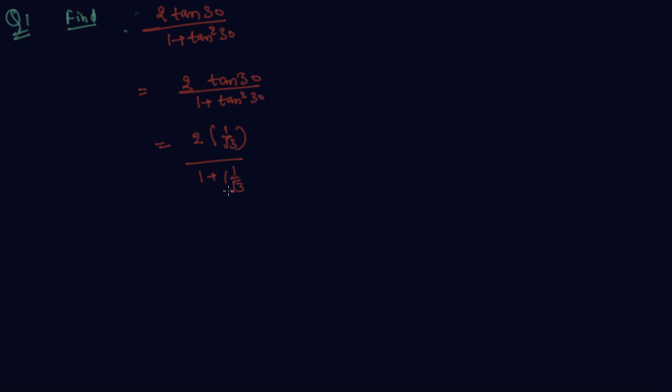So 1 by root 3, square. In the numerator we get 2 by root 3, and in the denominator we get 1 plus 1 by 3. So 2 by root 3 upon 4 by 3, which is 2 by root 3 into 3 above and 4 below. This is root 3 and this is 2. The answer comes out to be root 3 by 2.